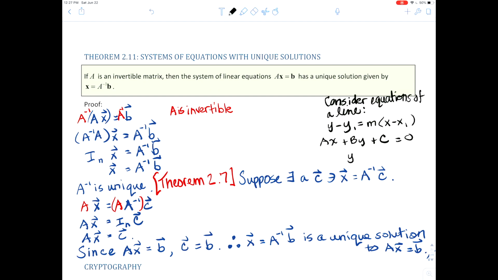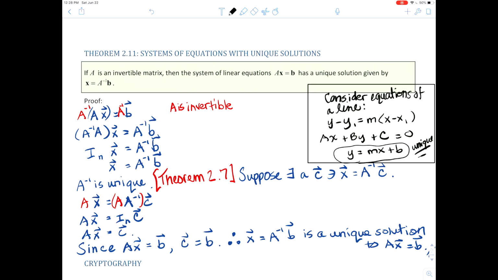Or this form, y is equal to m times x plus b. This is the slope-intercept form, and that's the only form of the equation of a line which is unique. But the others are not. And so that's what makes this thing special.